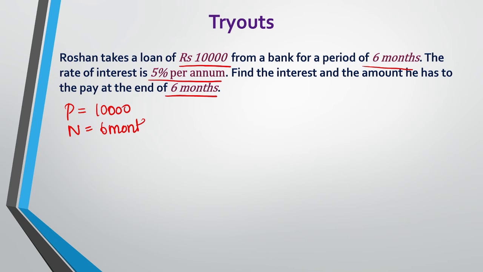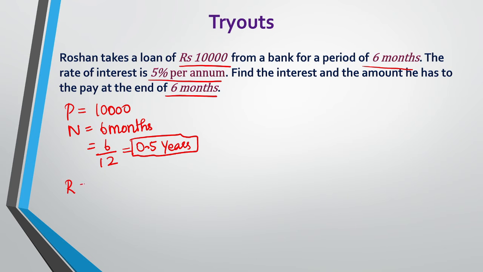And we know that the N should be in the years format. So for conversion of months to years, our first step is we have to write the given month in the numerator divided by number of months in a year, which is 12. We get the answer as 0.5 years. So in our case, N is equal to 0.5 years.